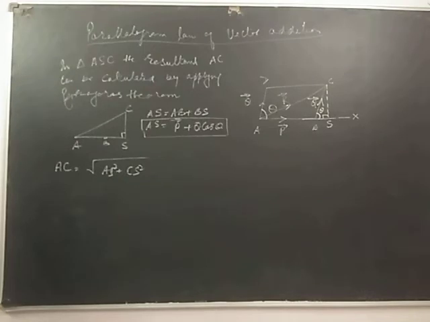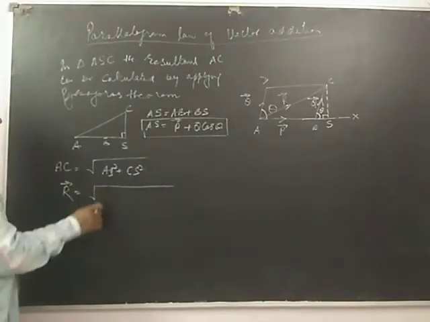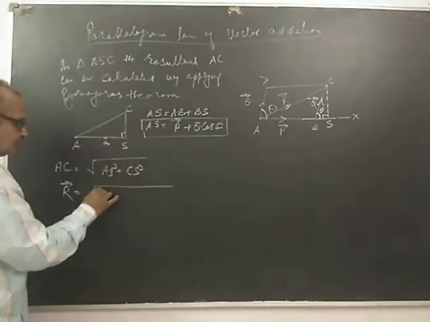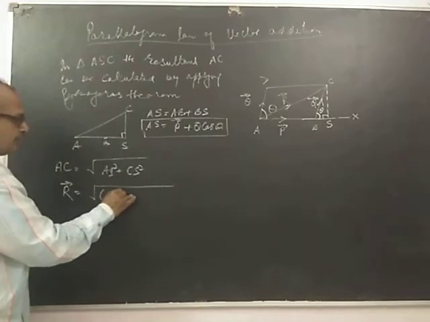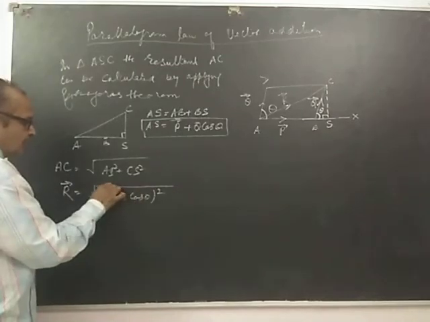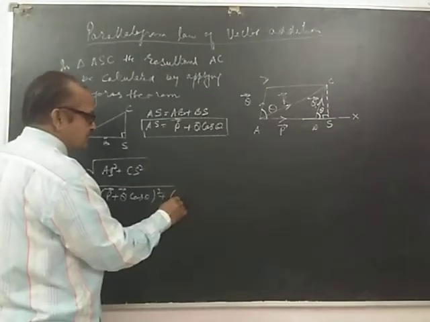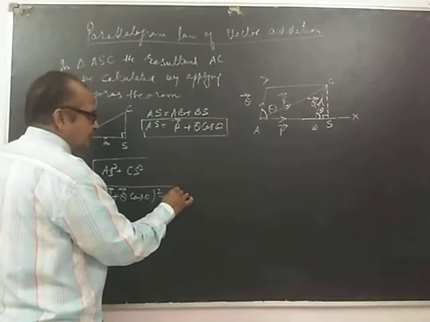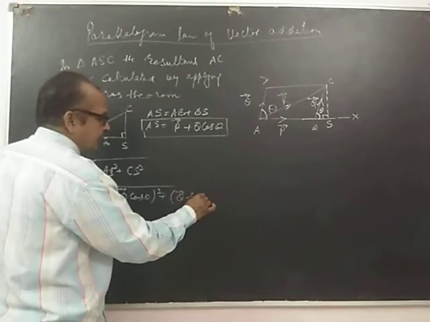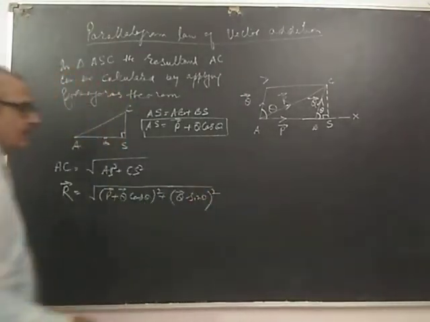Any doubt? Put the values. So AC, your R, is equal to under root of AS square, so this will become (P plus Q cos theta) whole square plus your CS, which is Q sine of theta, whole square.